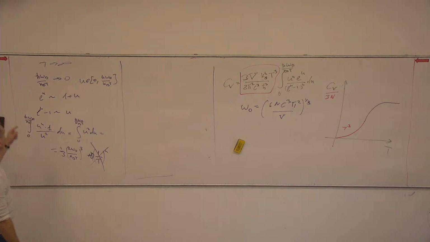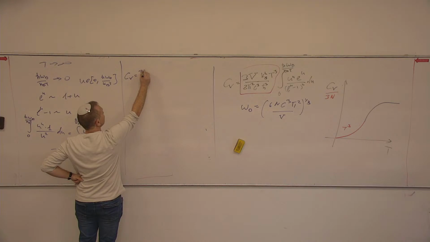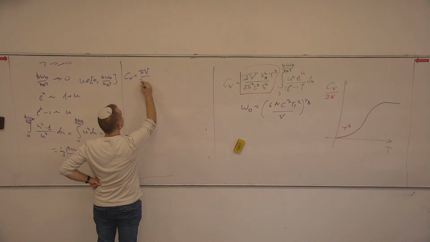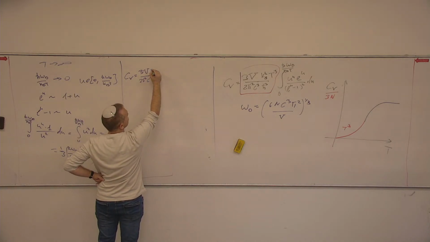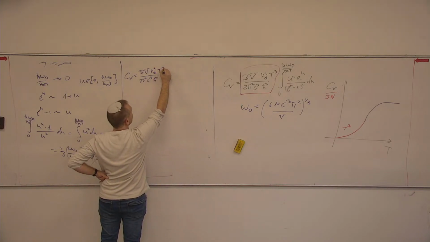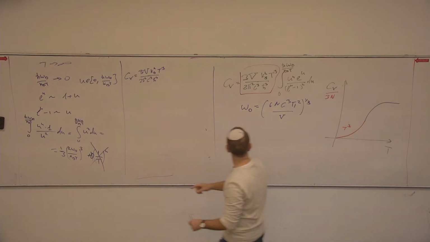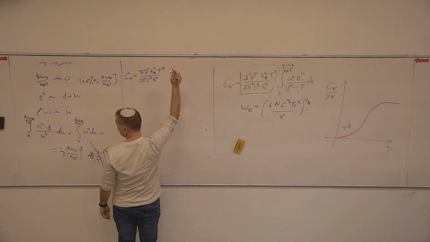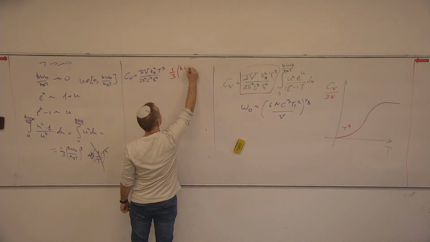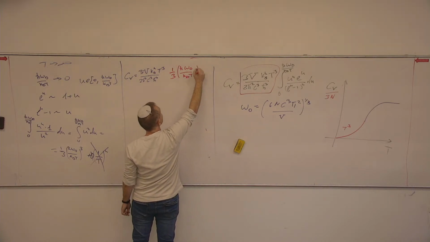First of all, we know what the integral is, and C_V is 3 V over 2 pi squared c to the third, h bar to the third, k Boltzmann to the fourth, T to the third, and what is left is just the solution of the integral, which is 1/3 h bar omega D over k Boltzmann T to the third power.